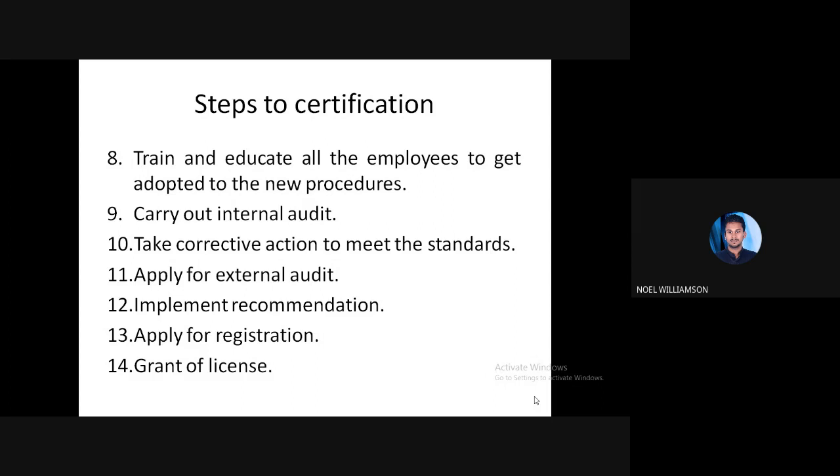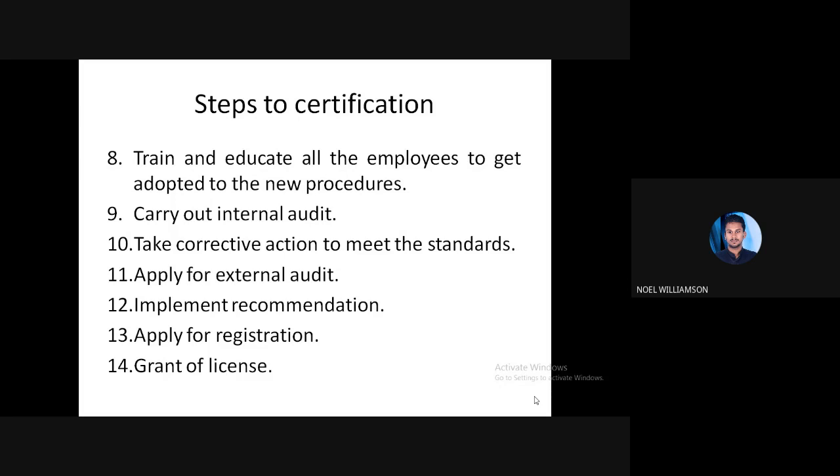So till then we have done. After that, a new system is developed. So we have to train and educate the employees in order to adopt to the new procedures. How to adopt to the new procedures? We have to give the training. That is the 8th step.